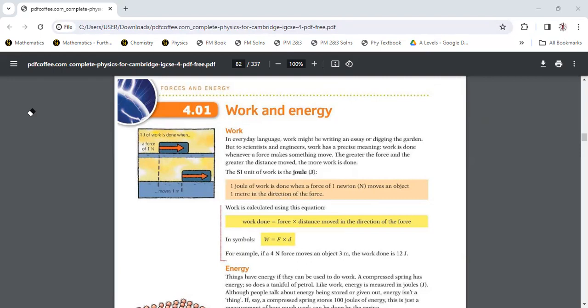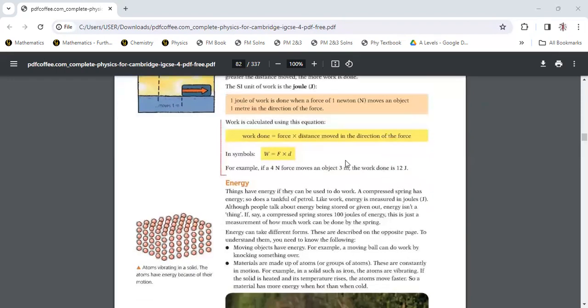It is very important to state that it moves in the direction of the force, because if the force is perpendicular to the direction of distance, you actually get no work done. This follows force times distance times cosine theta, but we will cover that in a later level.